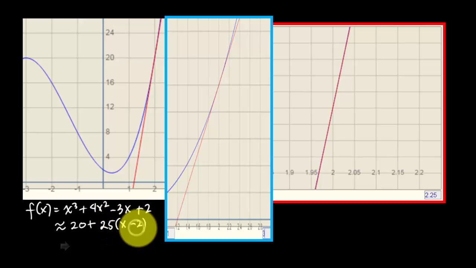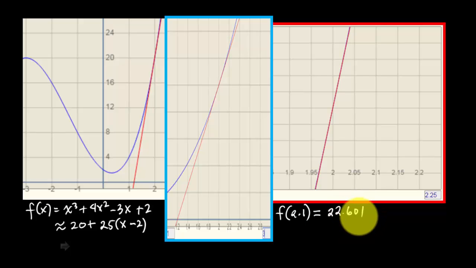See, it has to be close to 2. So if, say, I want to find the value of, let's try 2.1. Okay? So at 2.1, what is the actual value? So if we had used our calculator and everything, it's going to end up looking like 22.601.